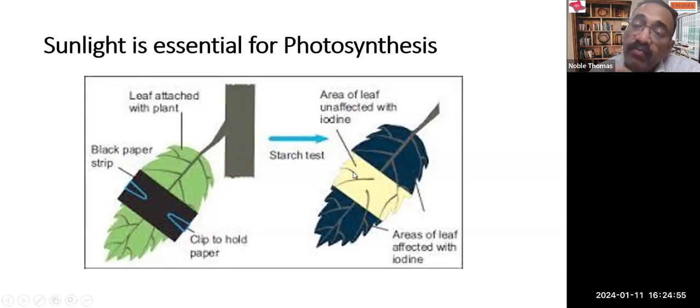Okay, and then we can go for an iodine test, and it is expected that other than the covered portion, the rest of the portion should convert into blue black, showing that in the other portions photosynthesis has happened and glucose must have formed, and that glucose must have converted into starch.